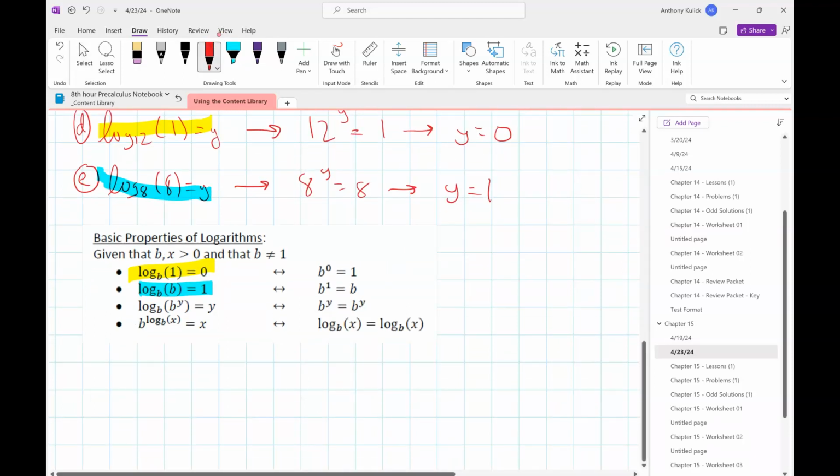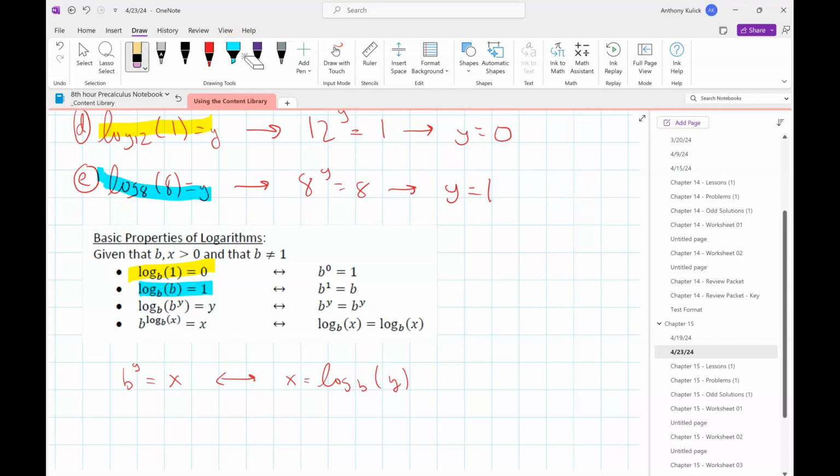Now for these last two, remember that we have these two equations. It's y is here, and that's x. Okay, that's better.